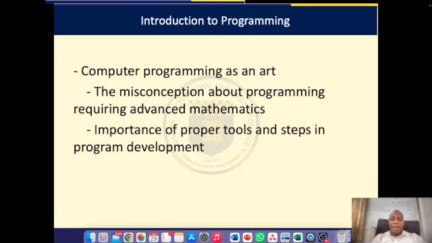Programming can be defined as the development of a solution to an identified problem. When directed through computer hardware, this solution should produce the desired results. So this is computer programming. But programming in itself is an art. Why do I say programming is an art?